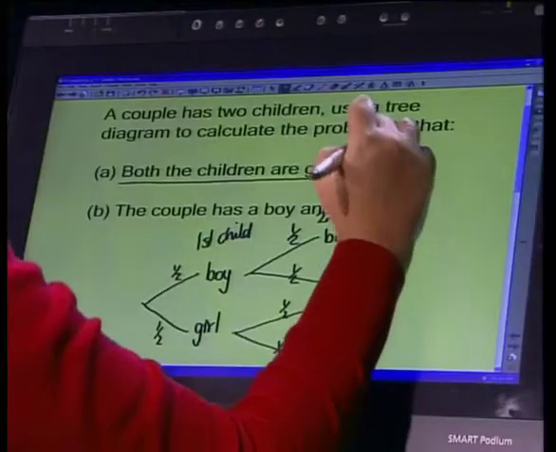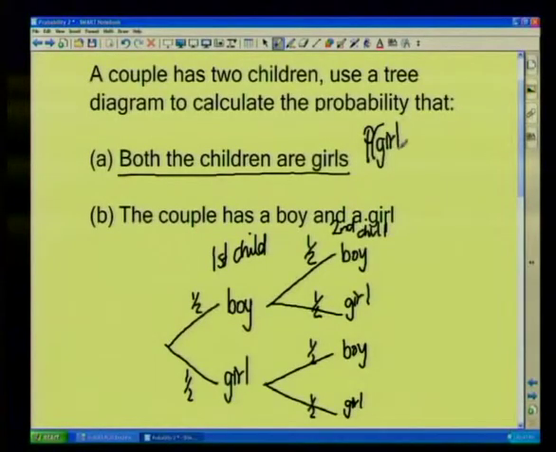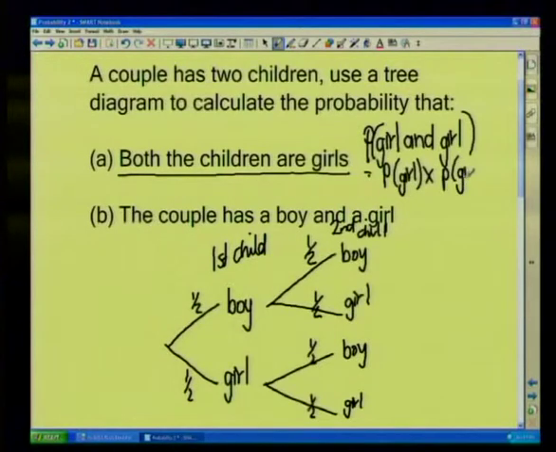So the probability of a girl and a girl is equal to the probability of a girl times the probability of a girl. And you can see that that's going to be a half times a half, which is equal to a quarter.